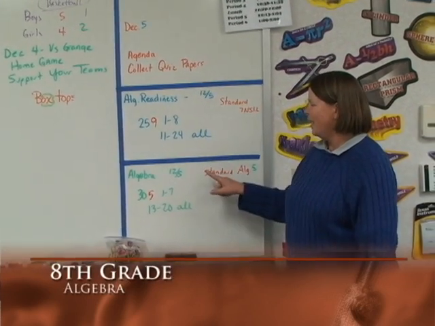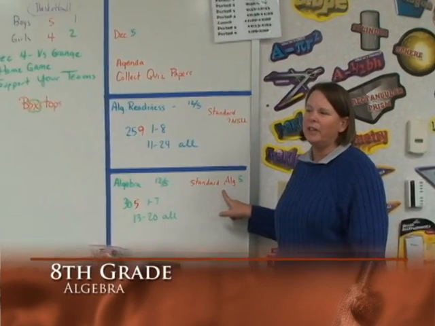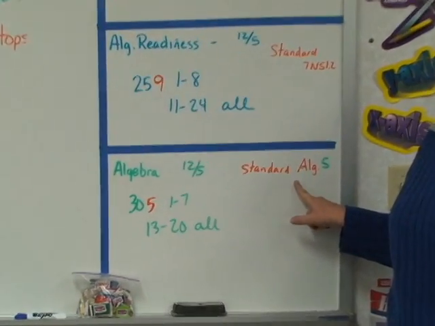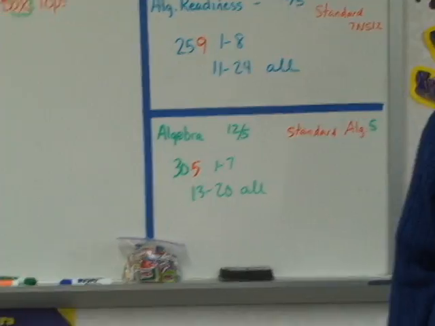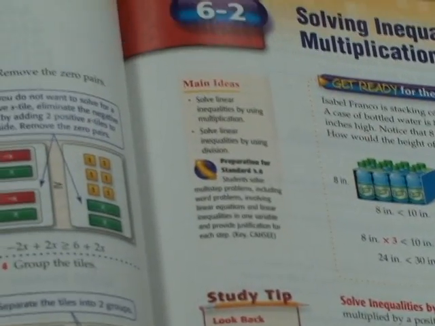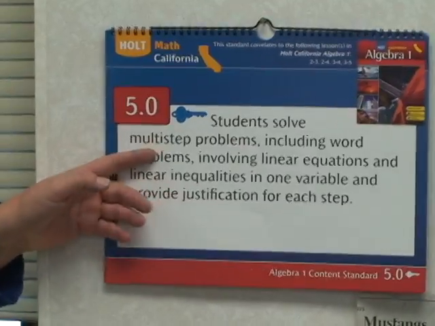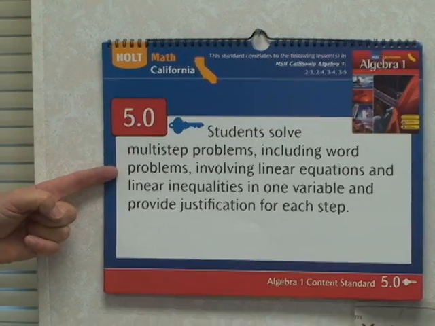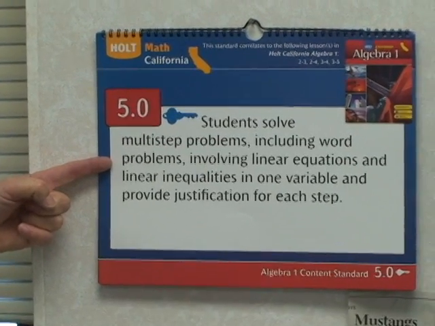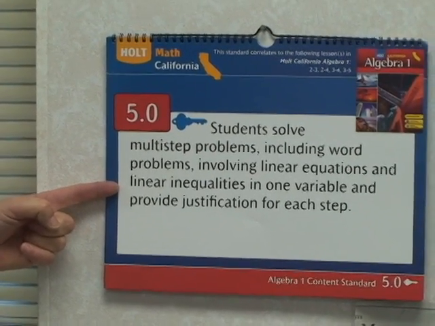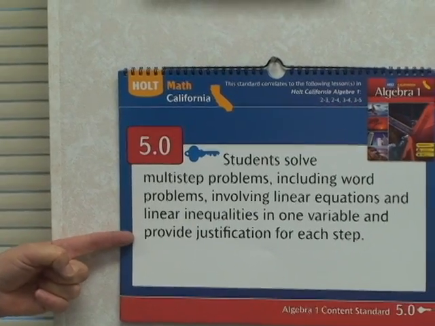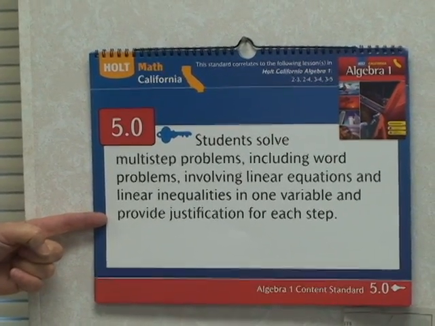Okay, we have the standard that is 5.0. Please read that little section over. Page 301, please read the standard. Okay, now posted up here it says that students solve multi-step problems including word problems involving linear equations and linear inequalities in one variable and provide justification for each step.